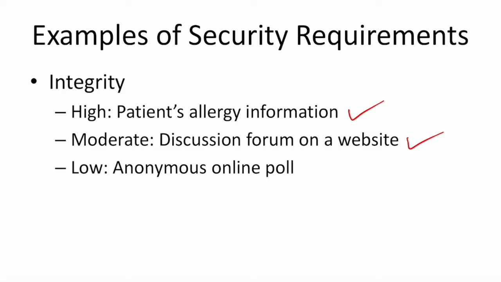The website owner in that case might experience some financial loss, or maybe none, if the website is only used for enjoyment of the users and is not used to generate revenue. An example of low integrity requirement is an anonymous online poll offered by many websites and which have relatively few safeguards or security settings. So the inaccuracies of such polls are well understood.